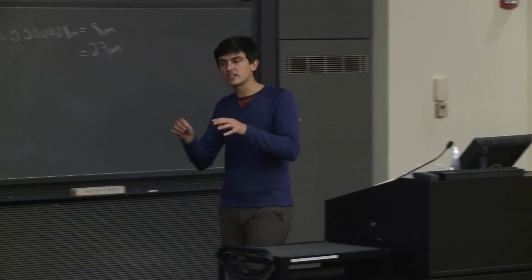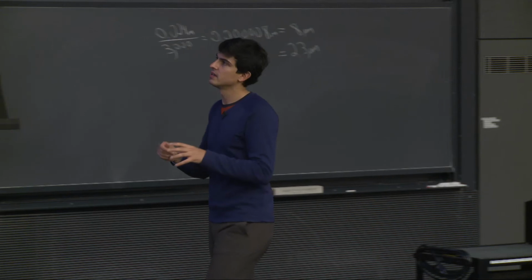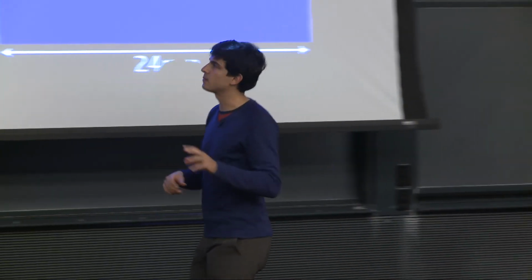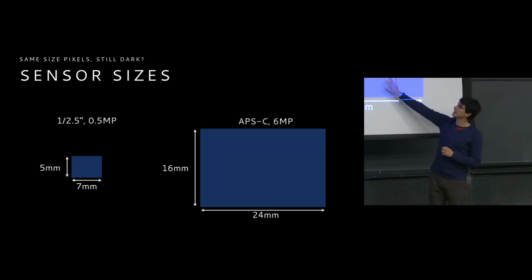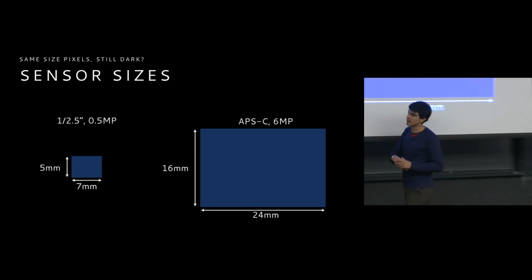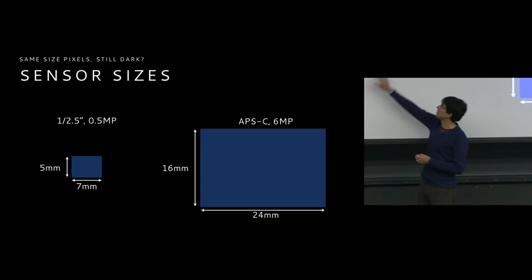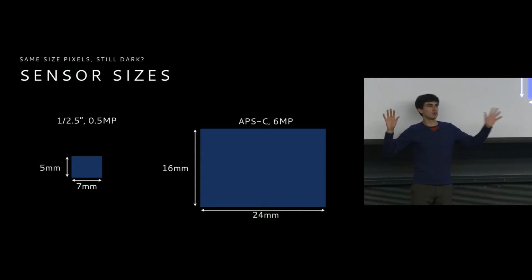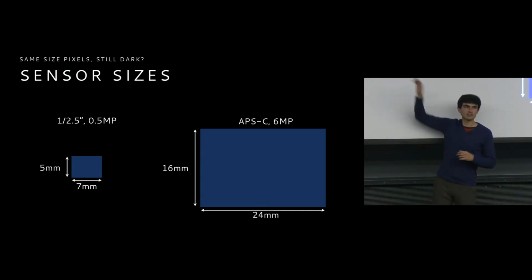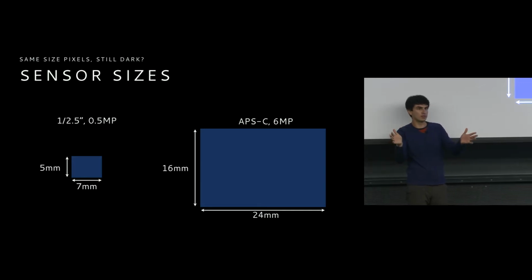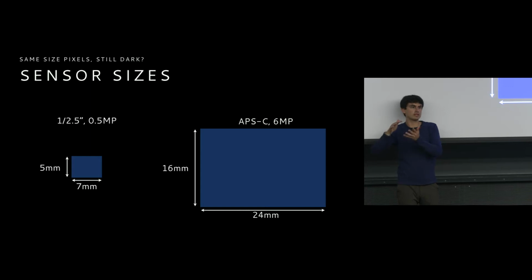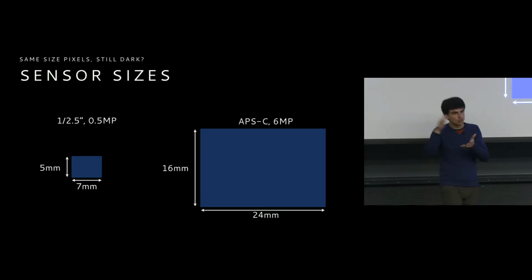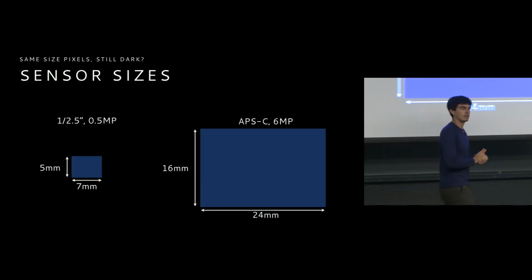Which means that the actual physical size of the aperture for an f2.8 lens on the camera on the right versus an f2.8 lens for the one on the left that has the same field of view, which means that the focal length for the one on the left is much smaller to get the same field of view as the one on the right, the aperture of this is going to decrease by a similar amount. The actual diameter of the aperture is going to have to change by a similar amount.